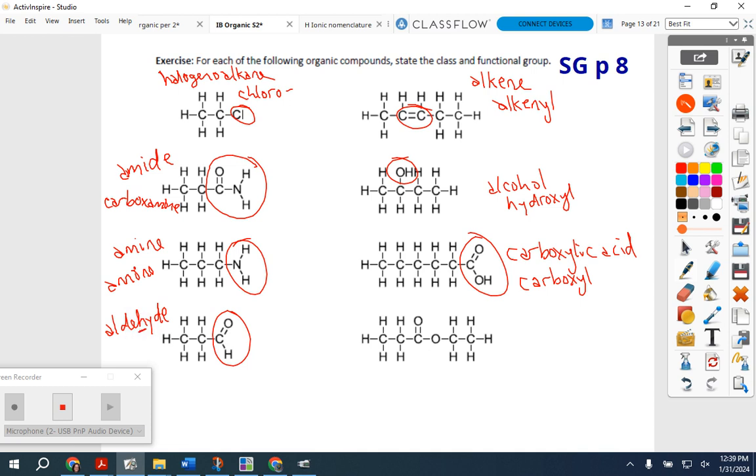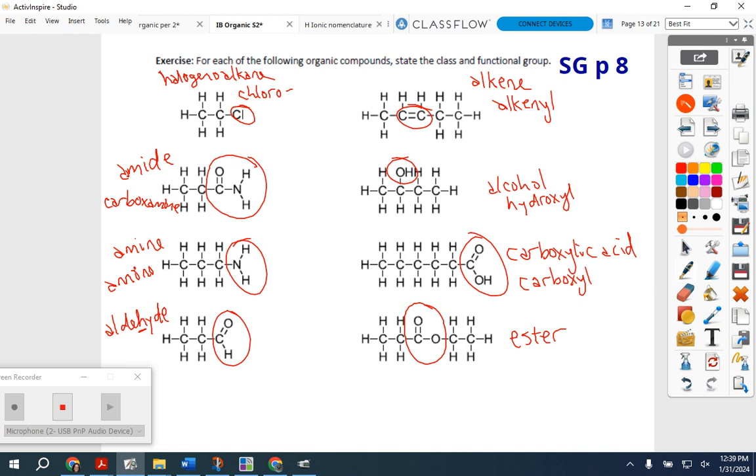Right. Arseni, what's this next one? This is an ester. Good. And here, again, we've got our carbonyl, but we also have the oxygen going along with it. Okay?